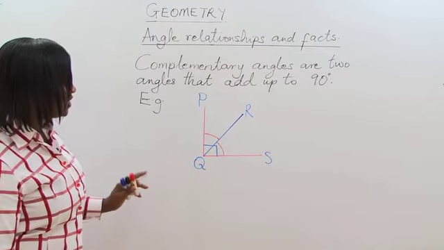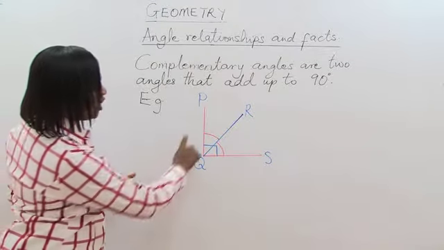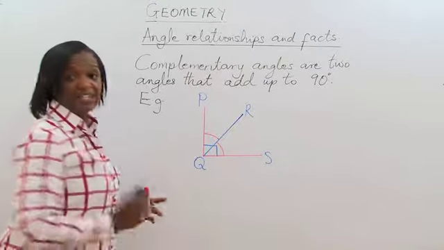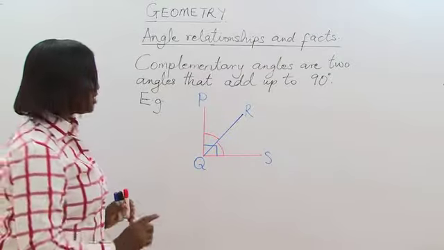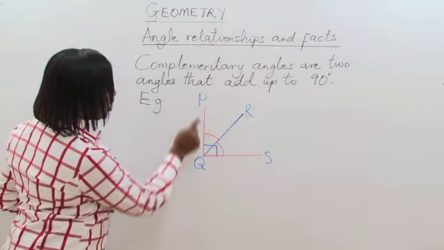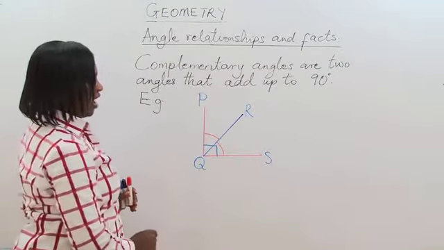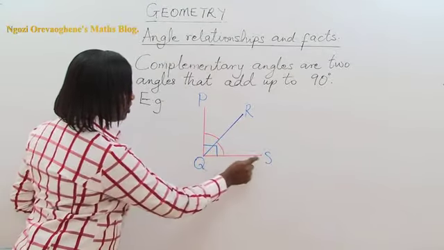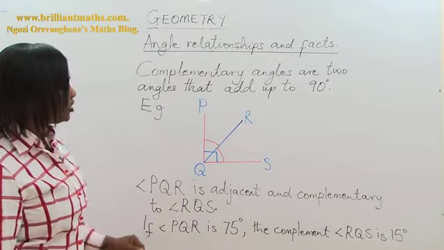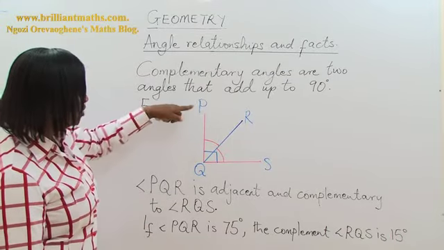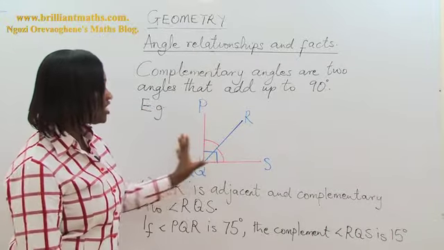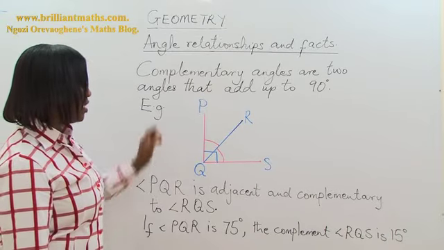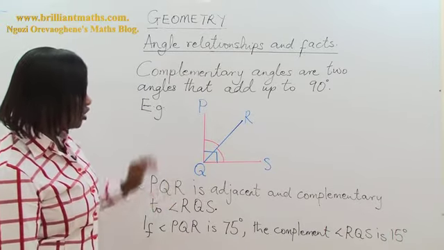From the drawing, we can see that the whole angle, that is PQS, is 90 degrees, which is the total of angle PQR and angle RQS. So both of them are complementary. They are adjacent and complementary.